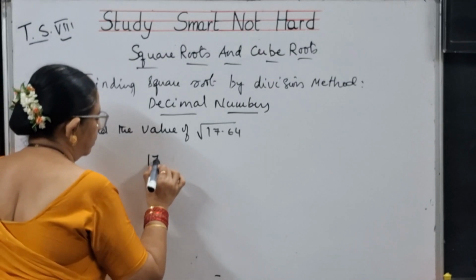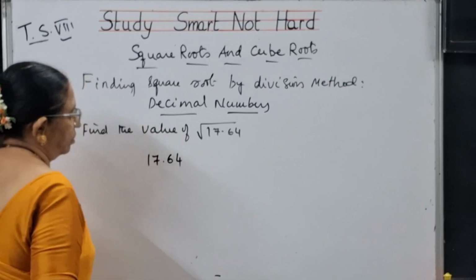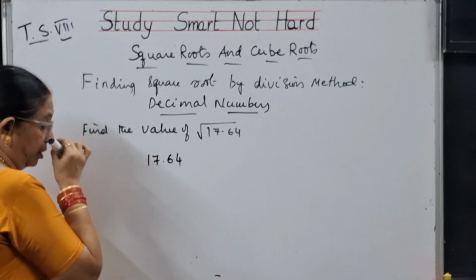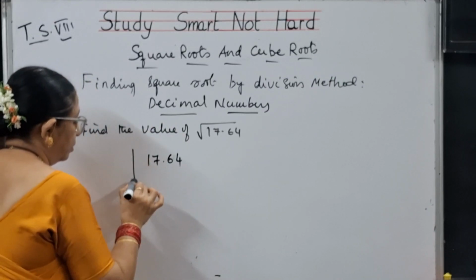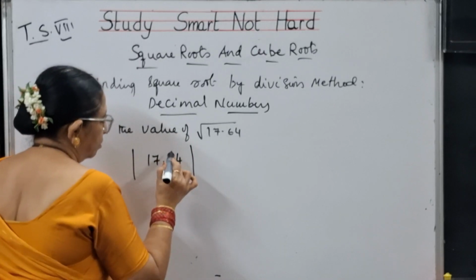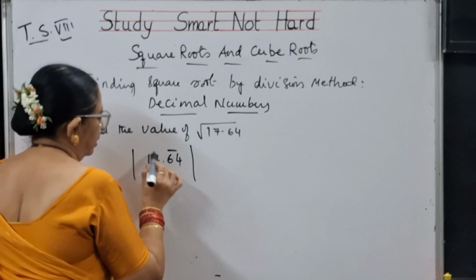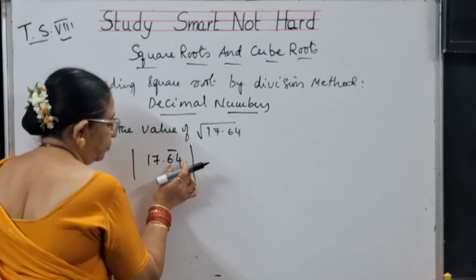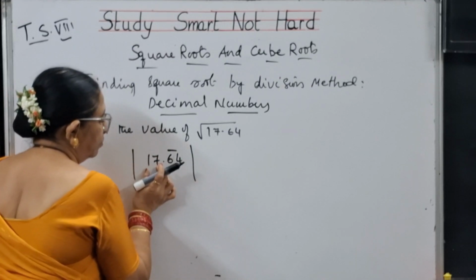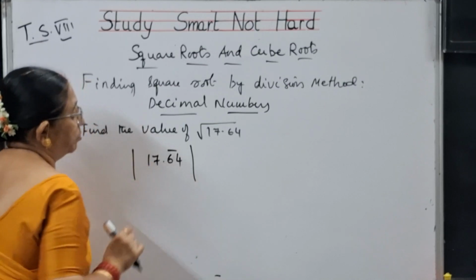This number's square root you have to find out. So here also, pairing should be done. And here again, see, pairing will be different for the decimal part and different for the integral part. This is the decimal part, this is the integral part.